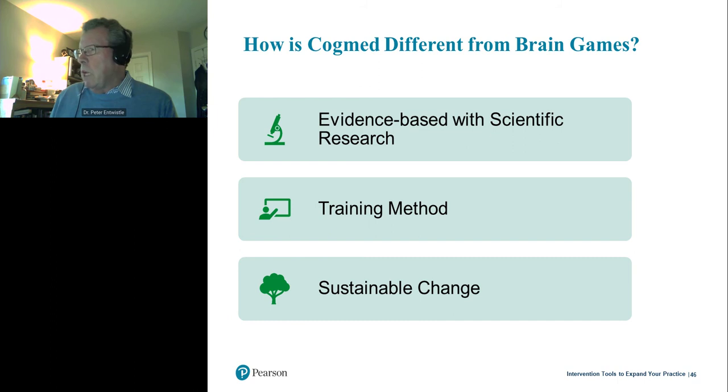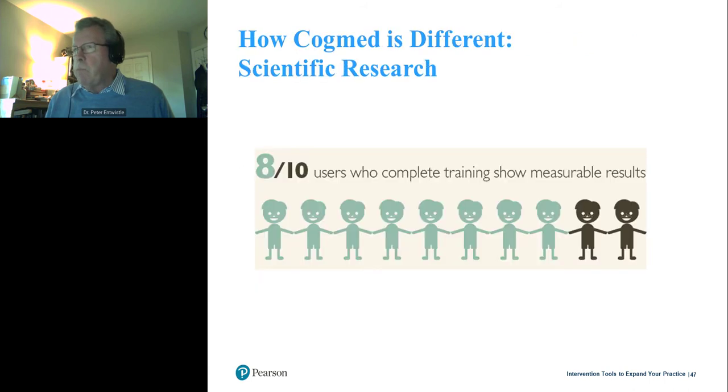And by taking the Cogmed program, can we actually demonstrate that they've experienced change, and that it results in sustainable change as well? So these are some of the ways in which it differs from a game. As my younger son said when he was first doing it, it's not like a game because it's not inherently rewarding. It is more like work, and it is a challenge to do.